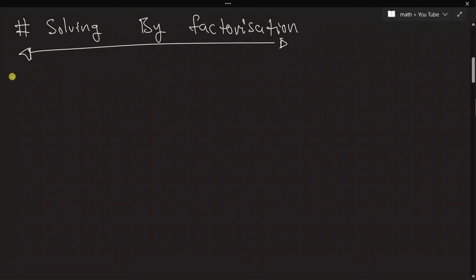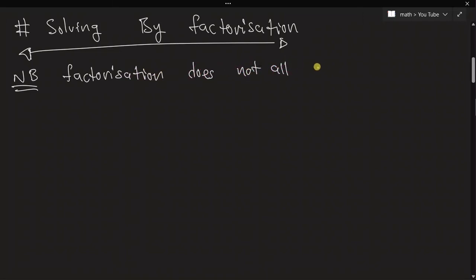But one thing that you should always know is that factorization does not always work. So you must be warned that the factorization technique is a technique that has limitations associated with it.